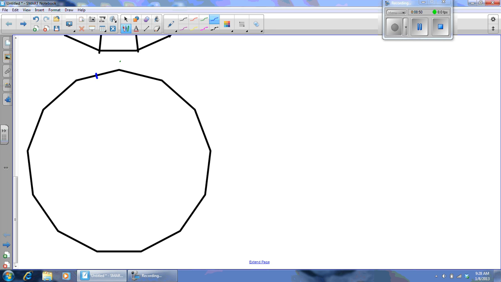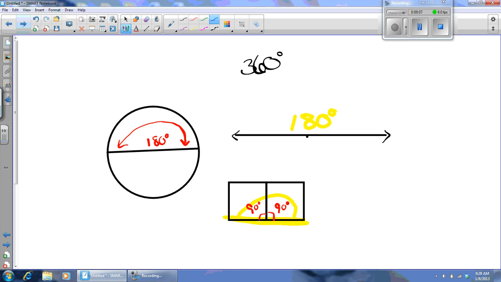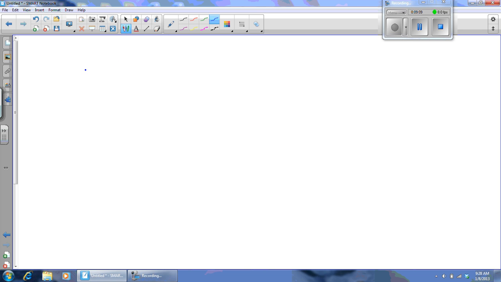1, 2, 3, 4, 5, 6, 7, 8, 9, 10, 11, 12, 13. So this is a 13-gon, right? Now, I don't know if you've noticed this, but let's see if we can find a pattern here. When I had a triangle, there were 3 sides and 1 triangle, right?